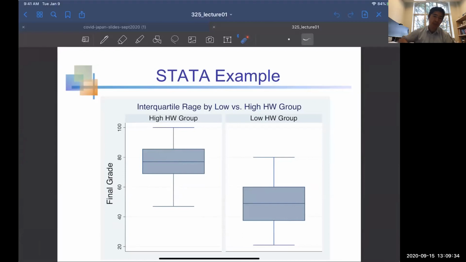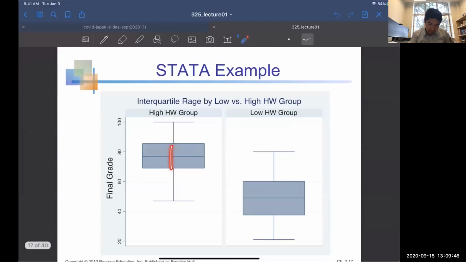And then how does that distribution look like? Well, I can always plot the two distributions, but the box plot like this is also helpful, namely in the high group, the middle 50% of the students get between 70 to 85.